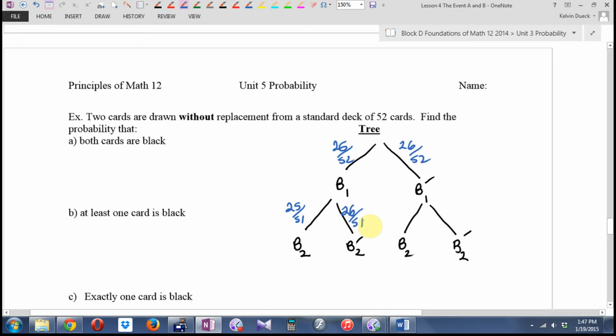Down the right-hand side, you got a red card. And by the way, I could have gone B and R for red because not black is red. Anyways, down the right-hand side, I got a red card. So here, given that I got a red card, what's the probability that the second card is black? How many blacks are left in the deck? Out of?